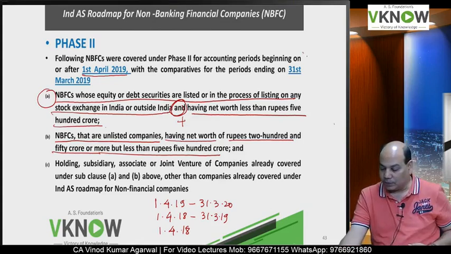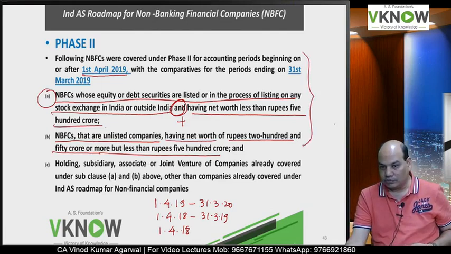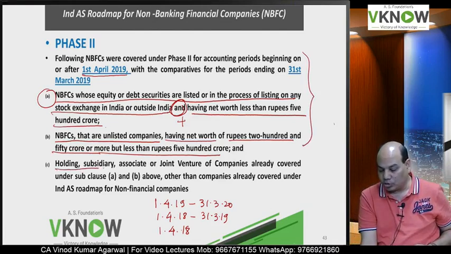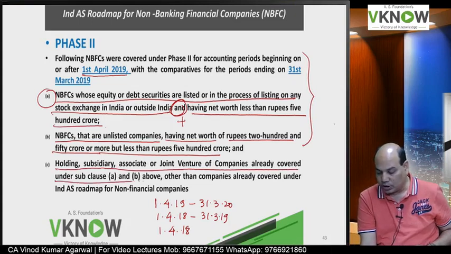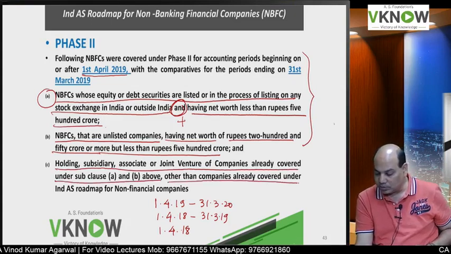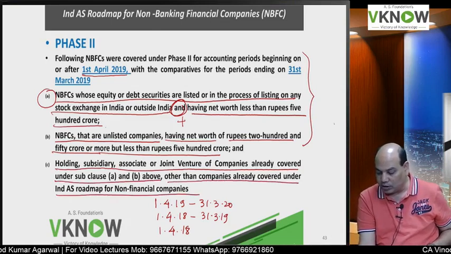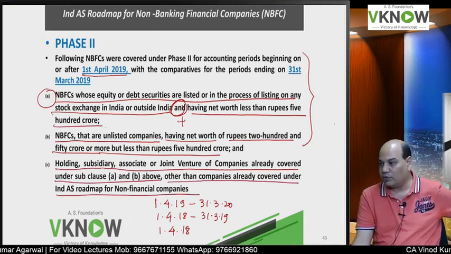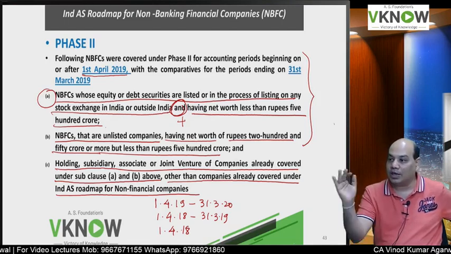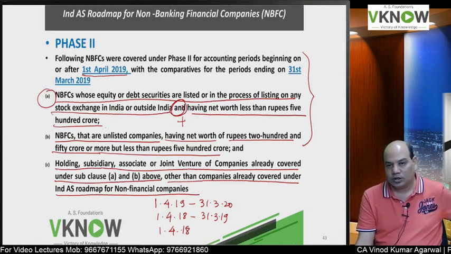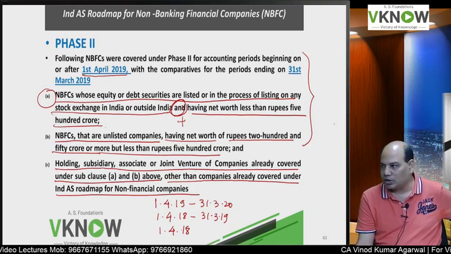But if it is applicable to an NBFC, it is also applicable to its holding, subsidiary, associate, joint venture company which are covered under A and B, other than companies already covered under Ind AS roadmap for non-financial companies. So if those non-financial companies are already covered, then they will have to follow Ind AS in any case.